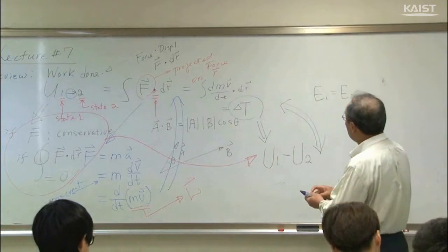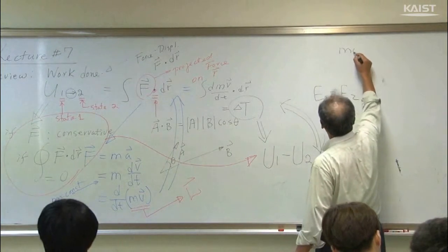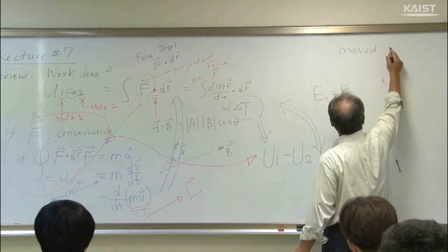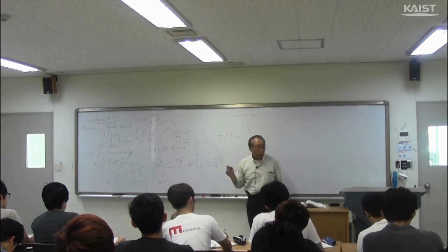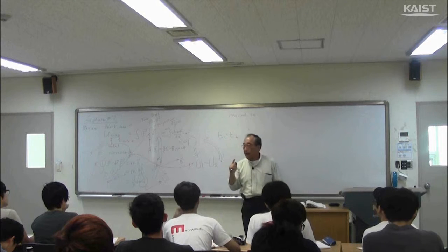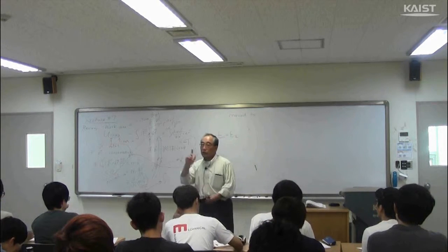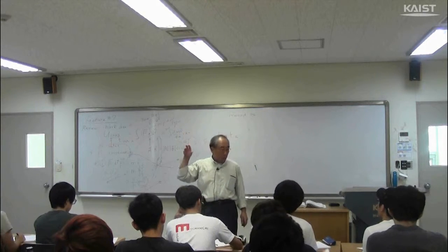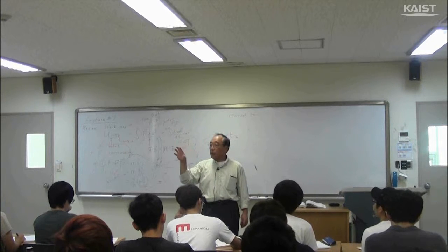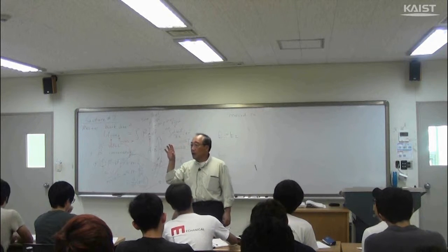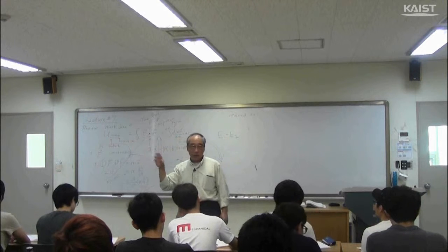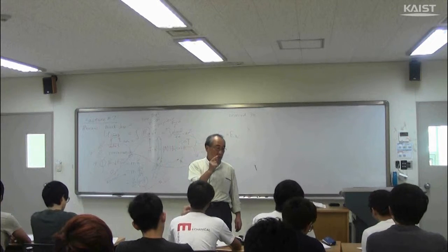And then we move to another principle. What was it? Anybody can remember? We learned Newton's second law, and we learned the principle of work done and kinetic energy relation. And what else did we learn in the last lecture?